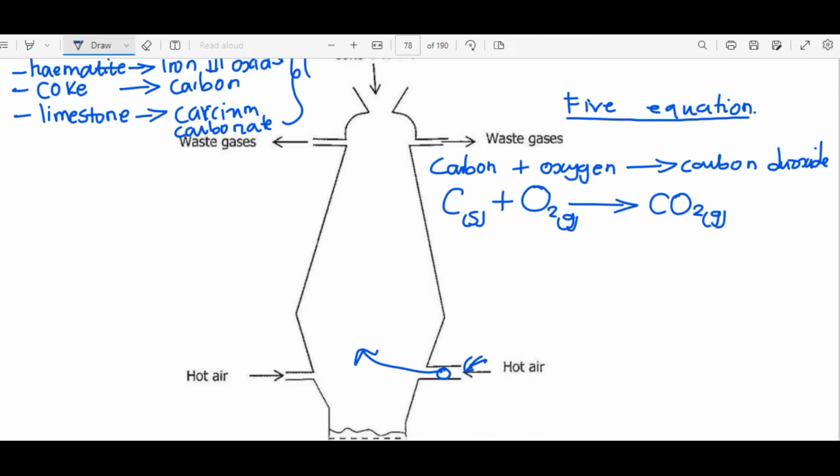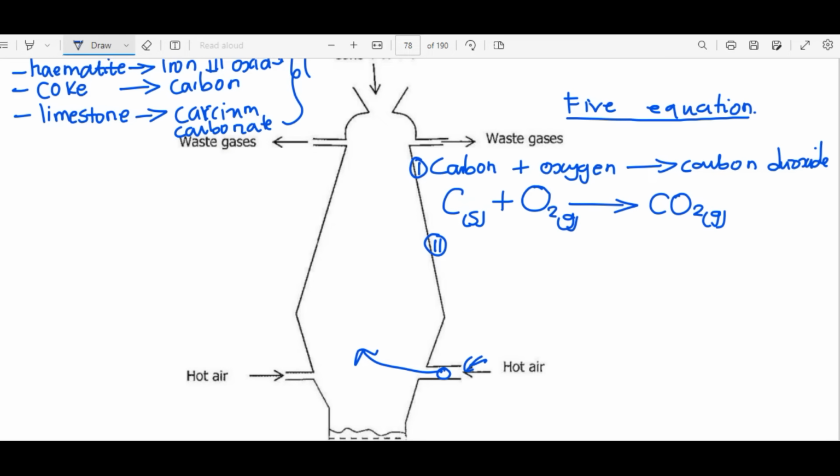Now away from there, let's look at our second equation. Before we look at the second equation, what is the importance of the first stage? The first stage is giving us carbon dioxide. So now this carbon dioxide must be reacted with more coke to produce carbon monoxide.